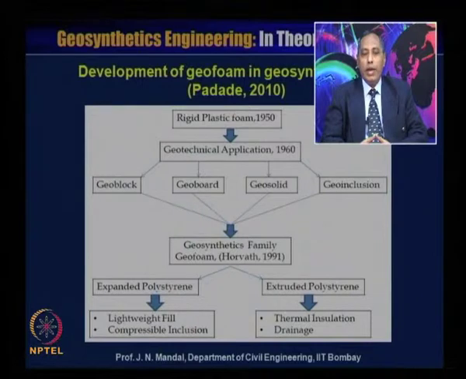This is Horvath in 1991, and it may be the expanded polystyrene material, which is a lightweight material and compressible inclusion. Because it is lightweight, you can construct the embankment with it as a filling material, and it is also a compressible inclusion because you can provide it at the back of the retaining wall, where it will act as a compressible inclusion, and the lateral pressure can be dramatically reduced. Whereas extruded polystyrene material is for thermal insulation and also drainage.